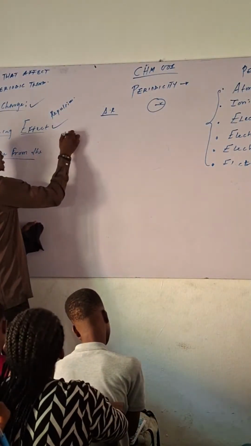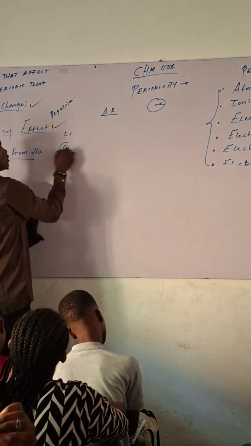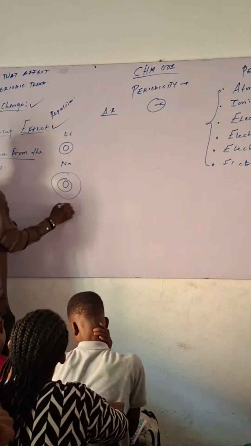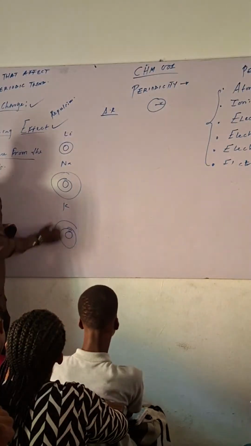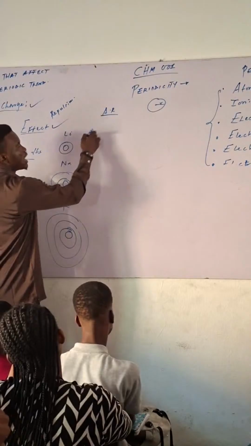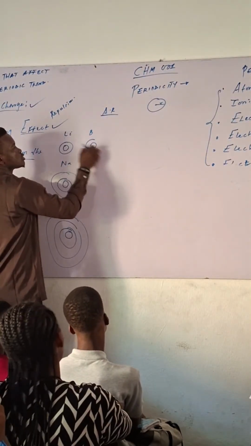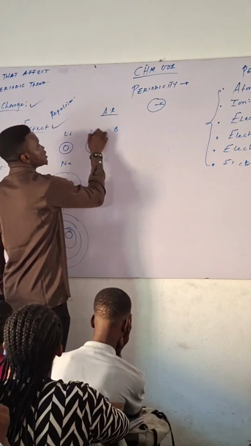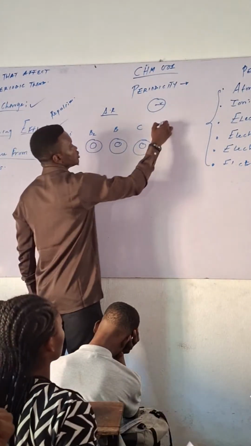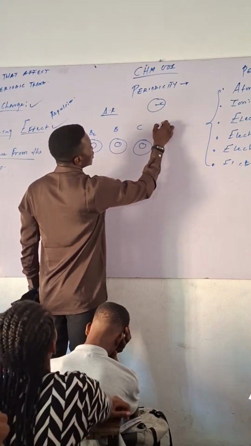We have lithium, which is 1, 2. We have sodium, which is 1, 2, 3. And we have potassium, which is 1, 2, 3, 4. Abi? Then after lithium, you have beryllium. It is also 1, 2. You have boron. It is also 1, 2. You have carbon. It is also 1, 2. Which one is next?